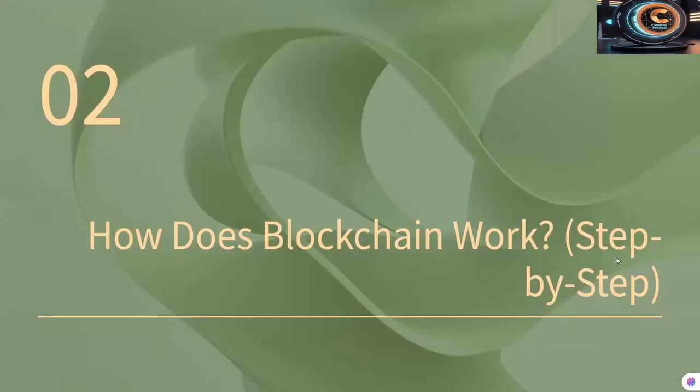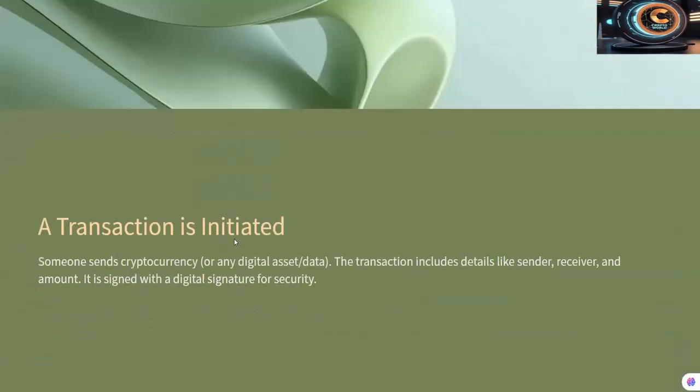How does blockchain work step by step? Blockchain working needs to be understood. A transaction is initiated. Someone sends cryptocurrency or any digital asset data. The transaction includes details like sender, receiver, and amount. It is signed with a digital signature for security. As we can see, it is a transparent and sincere way of transacting any currency.